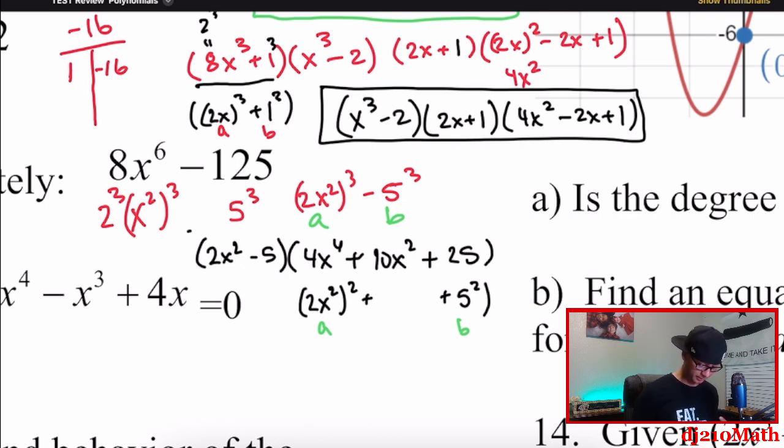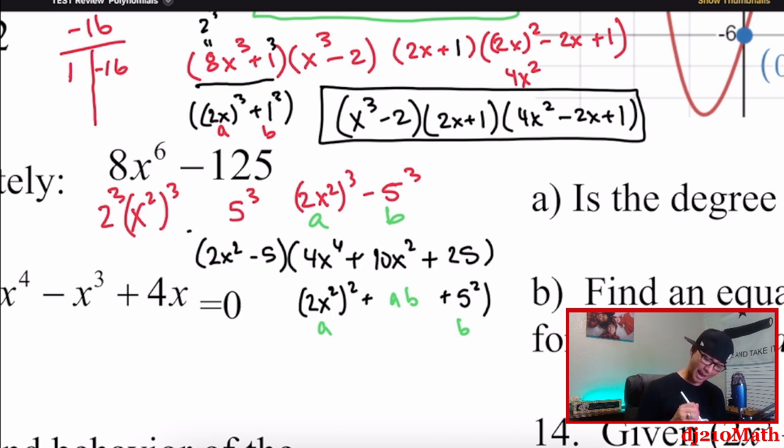10x squared is really what? A times B? A times B? No, it cannot.